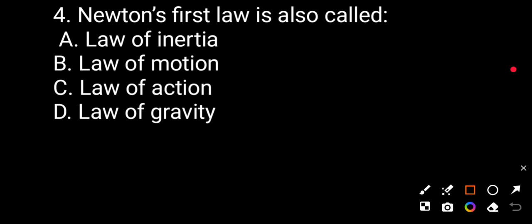Question number 4. Newton's first law is also called law of inertia, law of motion, law of action, law of gravity. Correct answer will be law of inertia. Newton's first law is also called law of inertia.